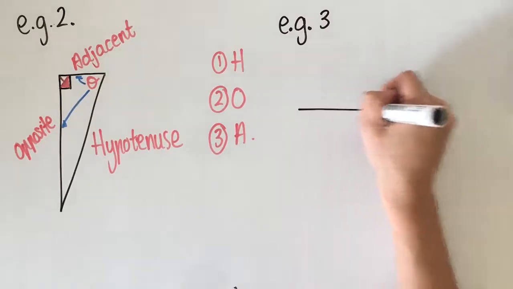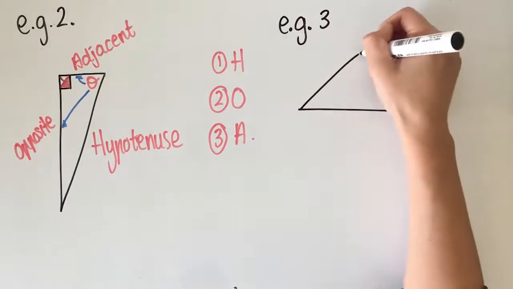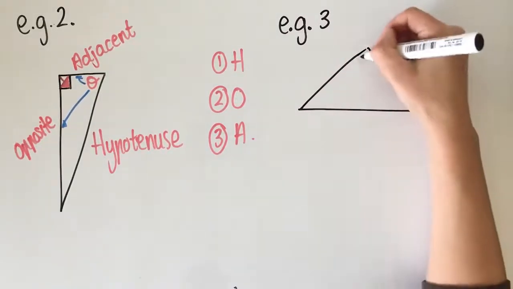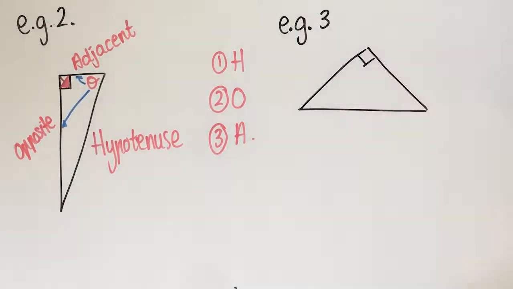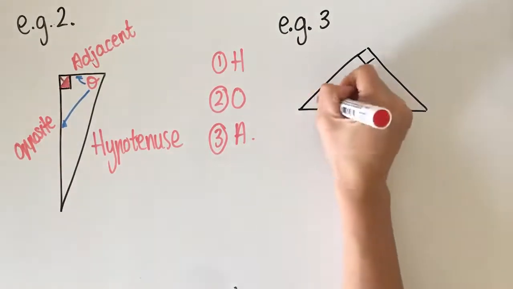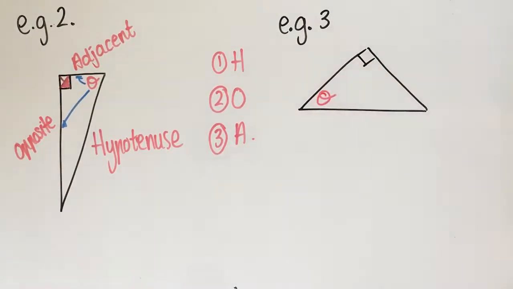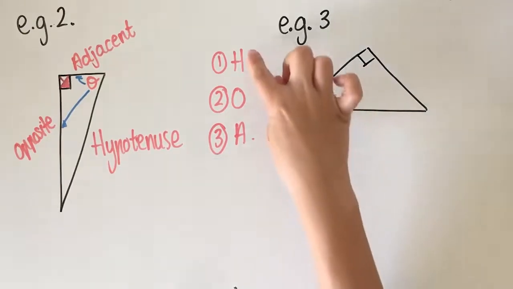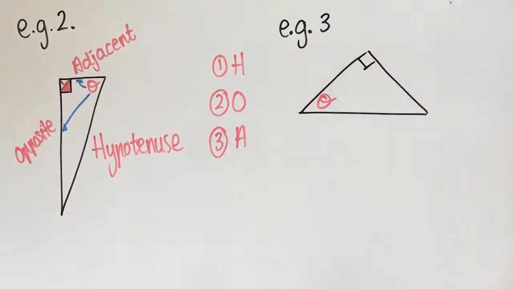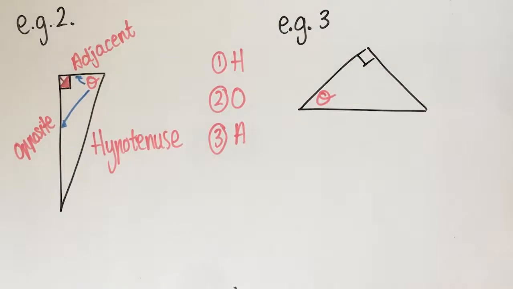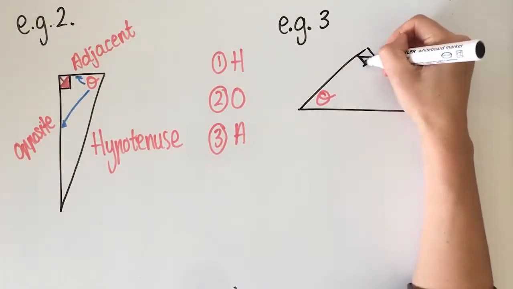All right, we're just going to do our last example here. So you might be given a triangle like this, and you might be told that this is the angle that we want. So again, we've got hypotenuse, opposite, adjacent. The one that you should do first is your hypotenuse.